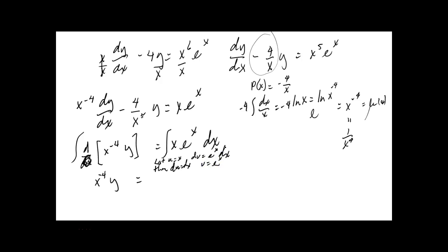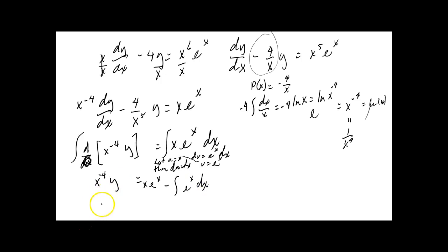And then what do we do? Plug and chug. So it's x times e to the x, minus the integral of the bottom line here, e to the x dx. And I think even I can do that one.